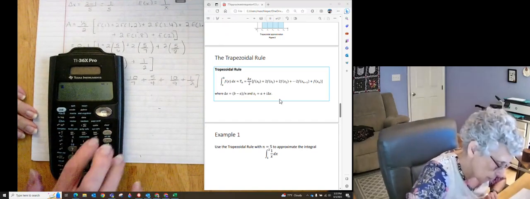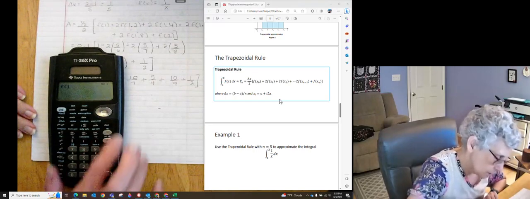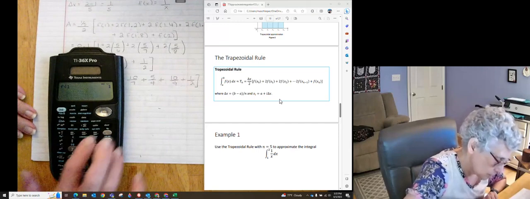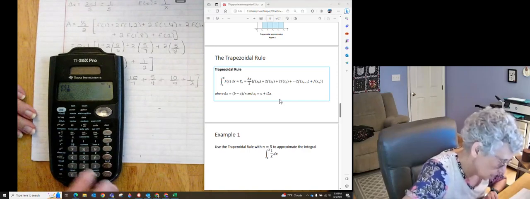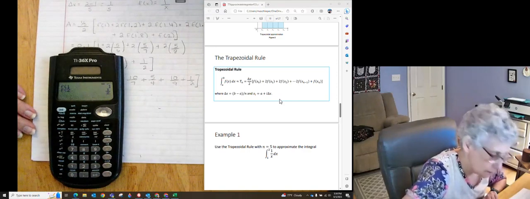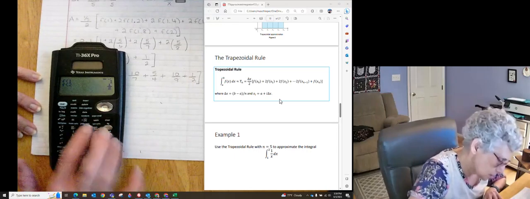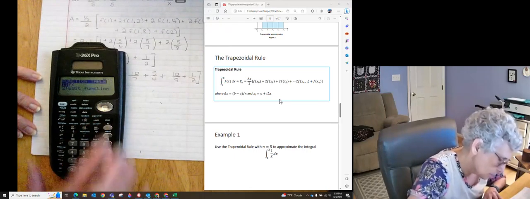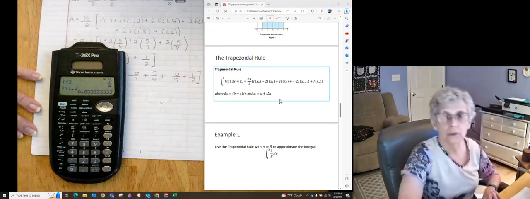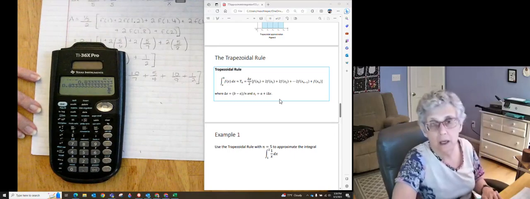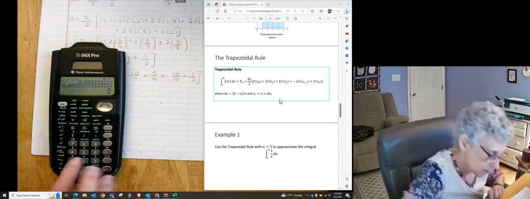So I could type in f of 1, so table, enter 1. That gives me 1. F of 2, table, enter 2, 1/2. Table, enter 1.2. I should have gone to that table. Enter 1.2 is 0.8333, which is the same as 5 over 6. So you could type it in directly if you wanted to.